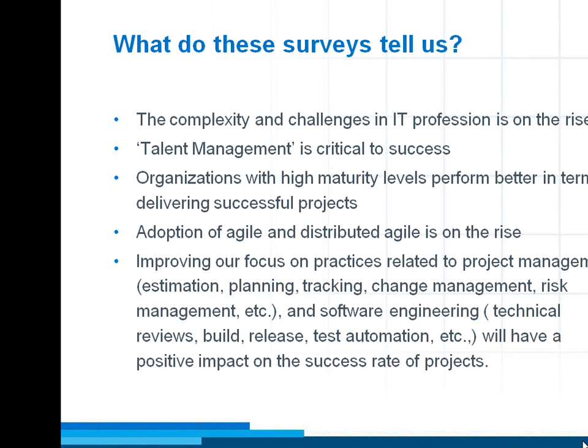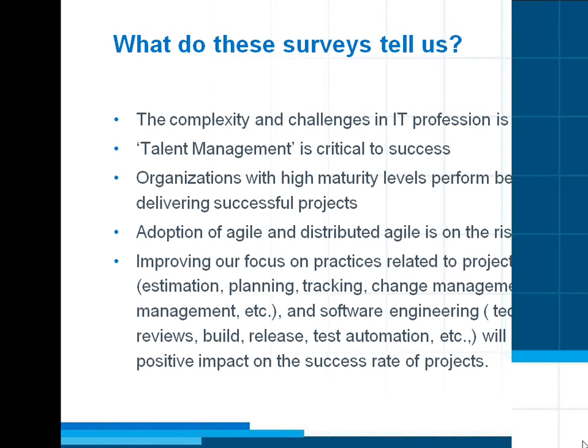And improving our focus on practices related to both project management and software engineering will have a positive impact on the success rate of projects. So there is no other way of improving the success rate of projects. We have to focus and improve project management practices, and we have to focus and improve software engineering practices.